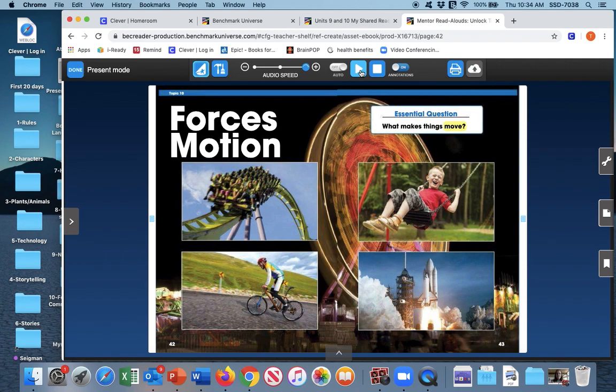What questions do you have about this unit? About things that move? Or just what we're going to be reading? See if you can come up with maybe one or two questions about this unit and say it out loud in a complete sentence, and maybe somebody nearby can hear you.